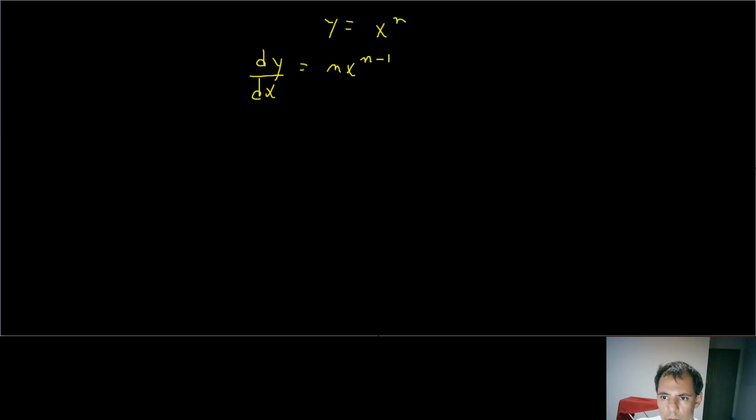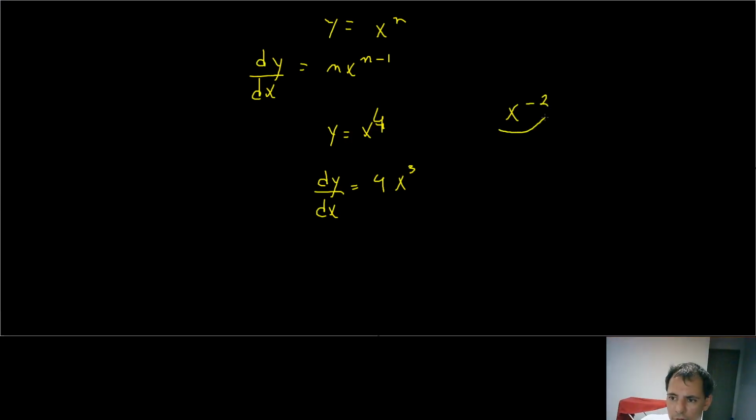So with that in mind, we can, for example, find the derivative of y equals x to the fourth. What's going to be dy dx? In this case, you bring the 4 down, and then you go x to the 4 minus 1, 3. So it's just going to be 4x cubed. What if it's x to the minus 2? What's the derivative of this? You bring the minus 2 down, minus 2x, and then it's going to be minus 2 minus 1, that's minus 3.